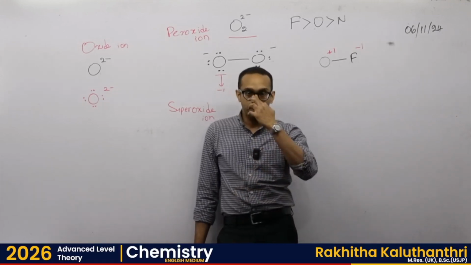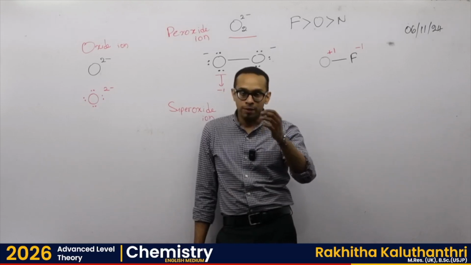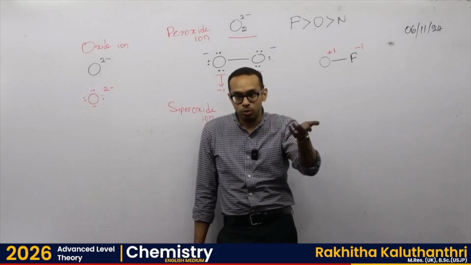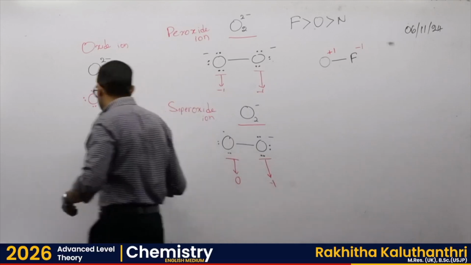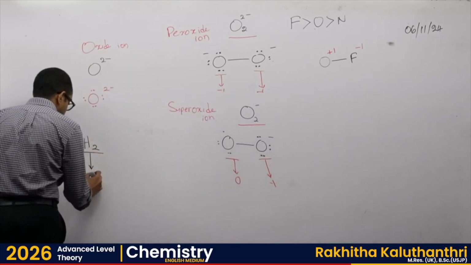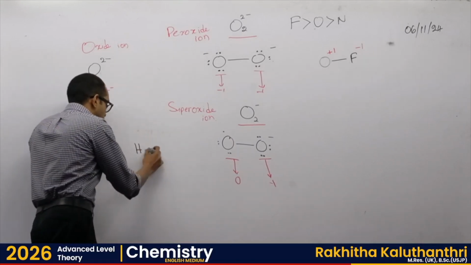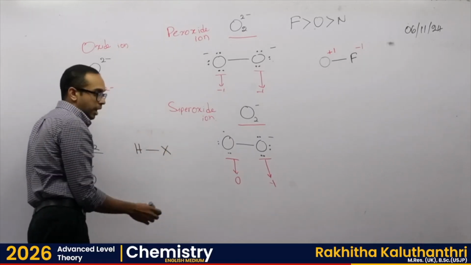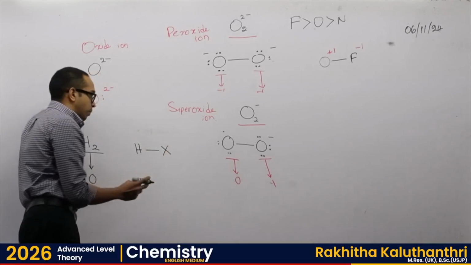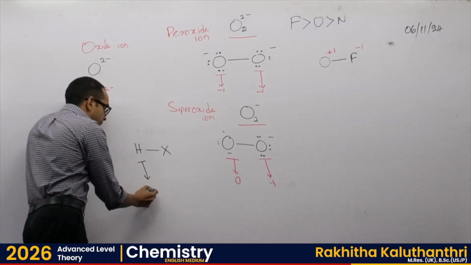Hydrogens are always going to be +1. If it is a molecule of hydrogen, 0. For example, students, this is 0. Hydrogen molecule's oxidation state is 0. No problem there. But any other compound, when hydrogen is bonded to anything else, any other non-metal, hydrogen is going to be +1.